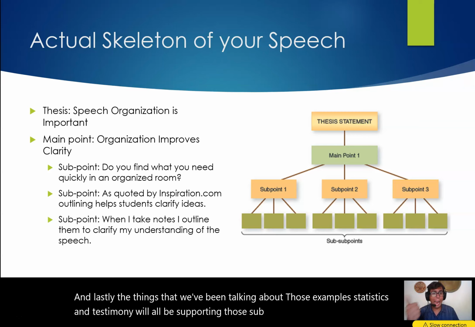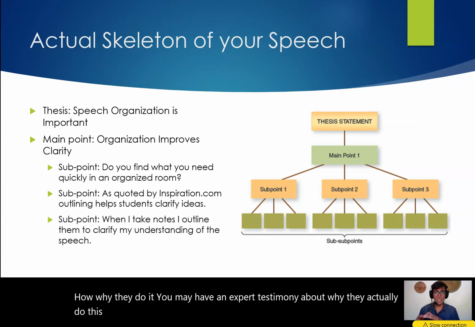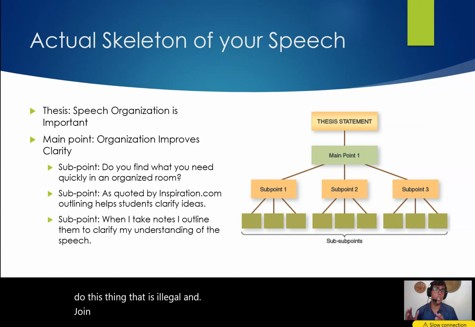So for why they do it, you may have an expert testimony about why they actually do this thing that is illegal and is going to eventually, inevitably, cause the extinction of elephants.